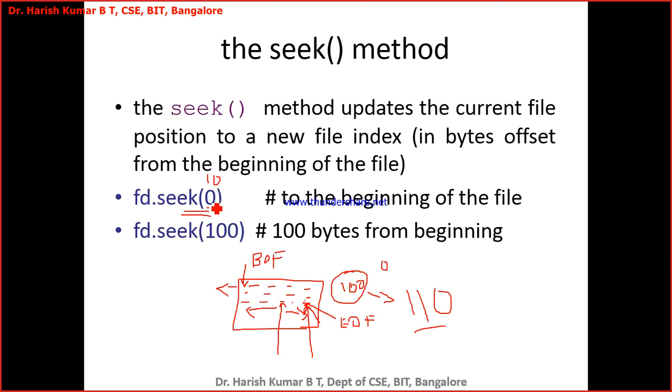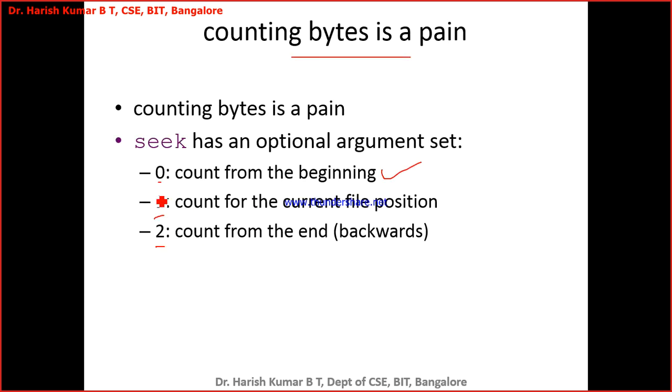If I just give 0, it will make the read write pointer point to the beginning of the file. If I give 1, it will count from the current file position. If I give 2, it always sets the read write pointer to the end of the file. So these are the optional arguments which we use to indicate the beginning of the file, the current position of the file, and the end of the file.